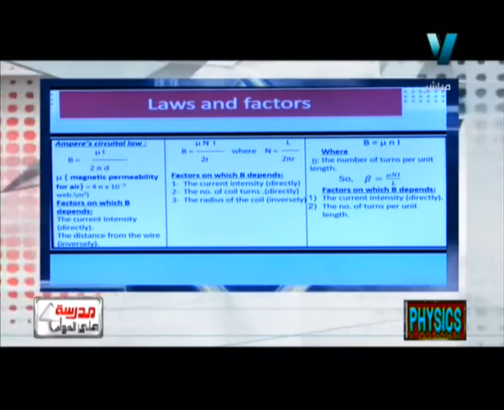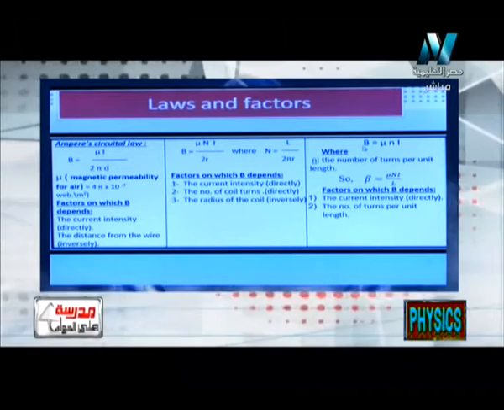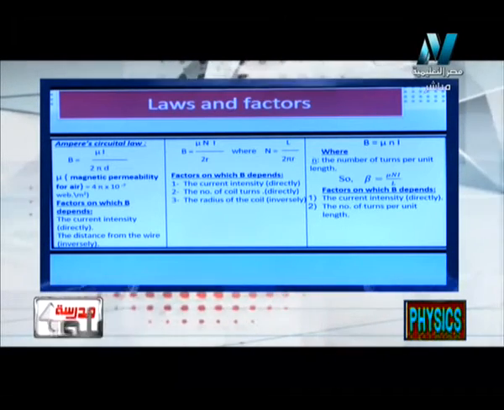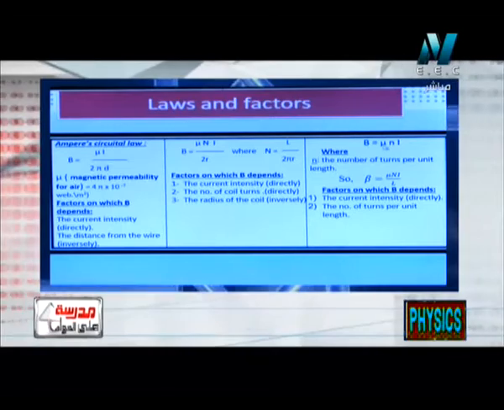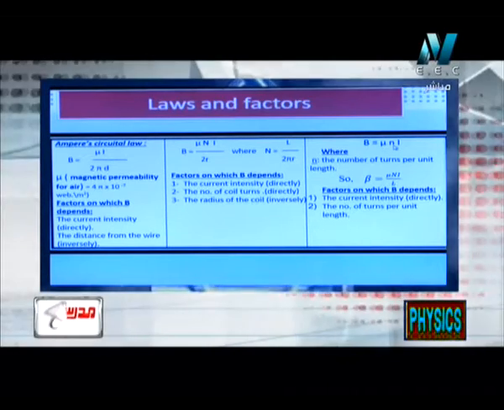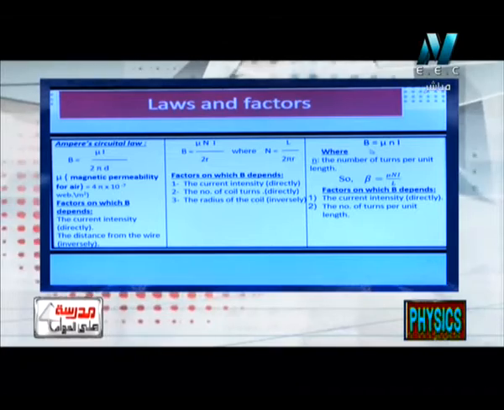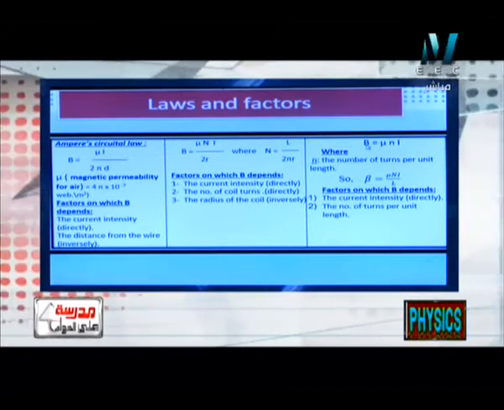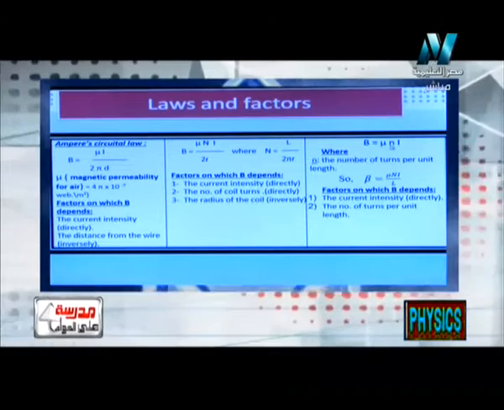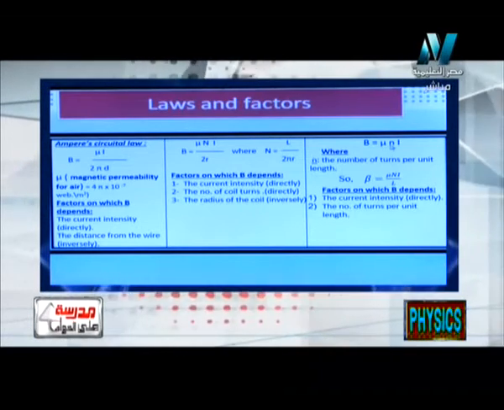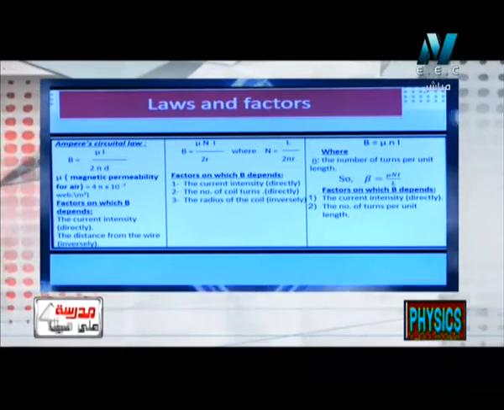The third part is magnetic flux density around a solenoid carrying current. Beta equals mu n small I. This is the main rule of magnetic flux density around a solenoid. Mu is the permeability. N here, we can calculate n.